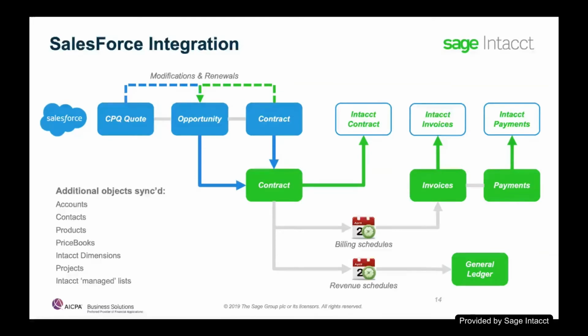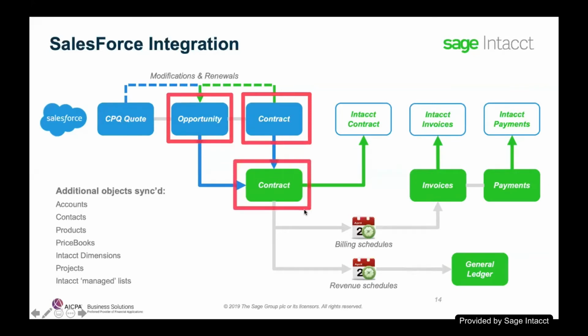Essentially, the integration allows us to utilize the entire sales process within Salesforce, whether you have new opportunities being created, having those tied together onto the contract in Salesforce, which is an object that we will enable in your Salesforce with our pre-built integration based off of best practices. And then that contract within Salesforce will sync over into the Sage Intacct contract.